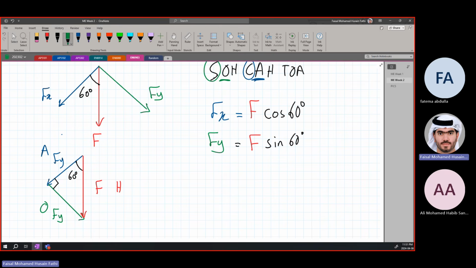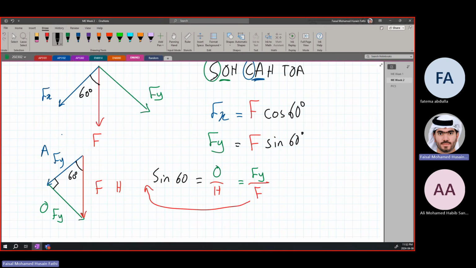And then we can just apply SOHCAHTOA. It's the same exact idea. If we're looking at the sine part, sine 60 degrees is equal to opposite over hypotenuse, which is equal to Fy over F. Then if we rearrange this, we take the F to the other side, so we multiply over here.